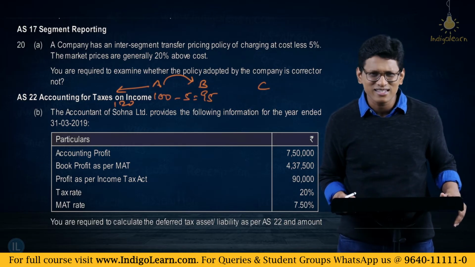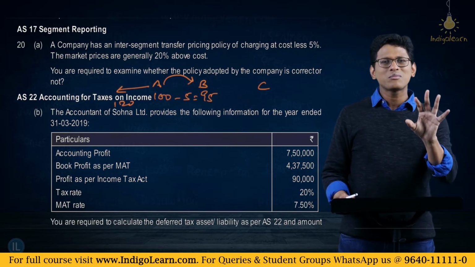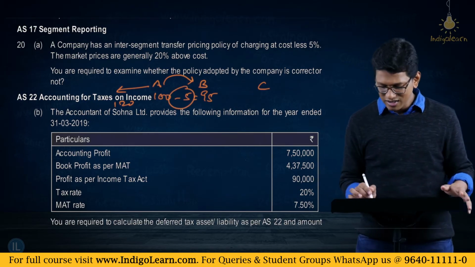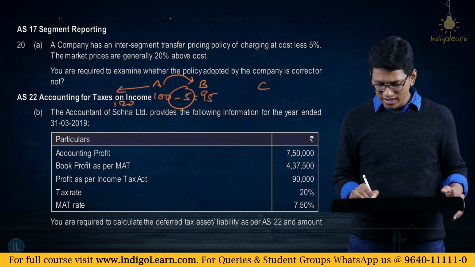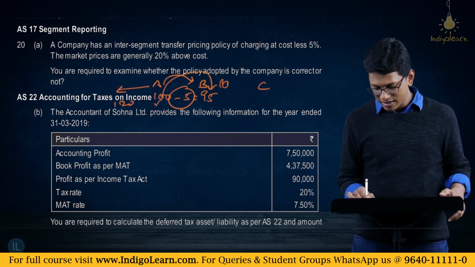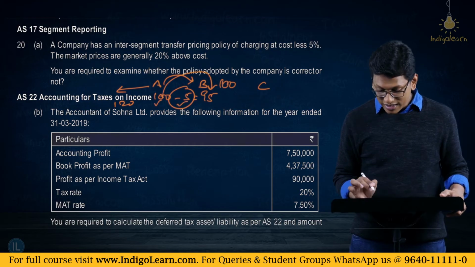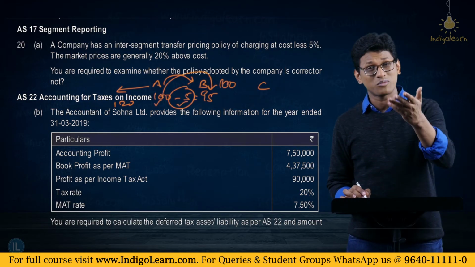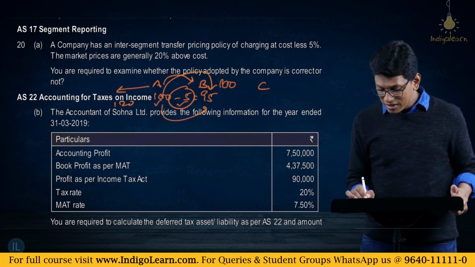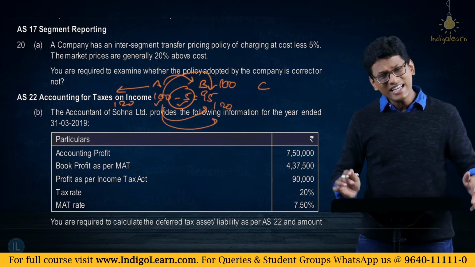Friends, the accounting standard says that this inter-segment price can be the same. Whatever is the 100 cost we have, it can be at the same 100. It can be at a discount. Basically, there can be a concession, or it can be at market price or any other price.